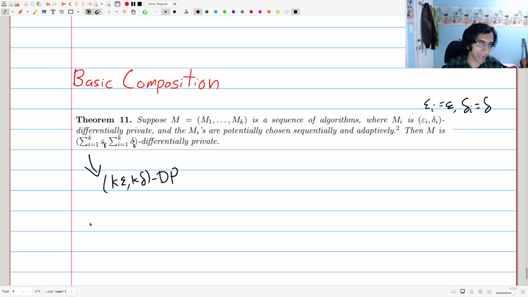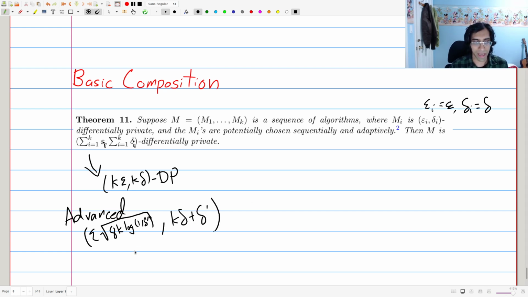Now, the claim is that there's a more advanced composition, which will give you something like, let me just try writing something which will look a bit arcane perhaps to you. Something like 8k log(1/delta') epsilon, k delta plus delta'.